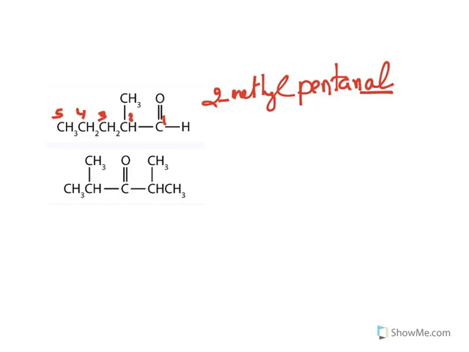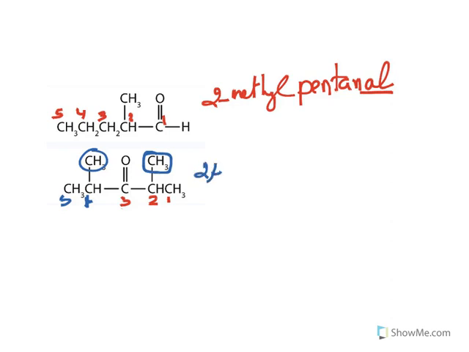For this one, it is important to mention the number of the carbon holding the C=O. So if I start numbering from this side, 1, 2, 3, the C=O will be on carbon number 3. And if I start from this side, it is the same. So both ways are correct. So I have a substitution on carbon number 2, and I have a group on carbon number 4.